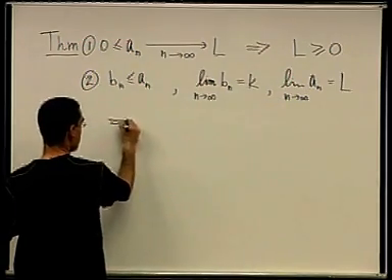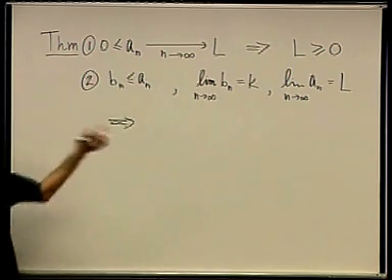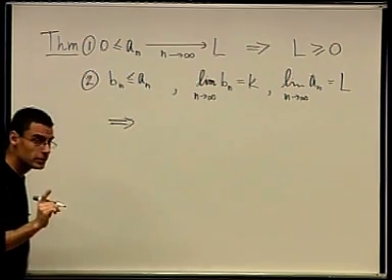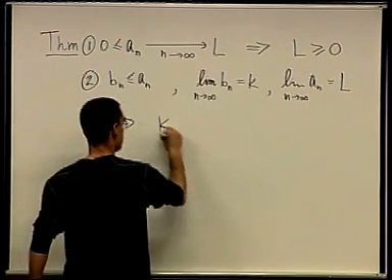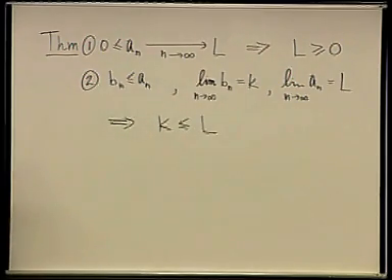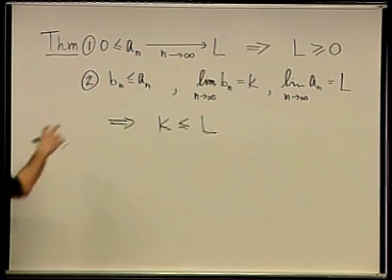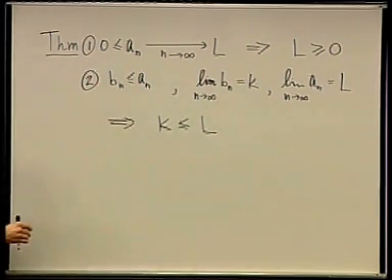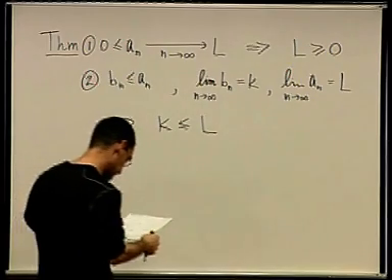Then, what can you say about the limits? Not bigger. Right. So L is greater than or equal to K. Do you see that theorem number 1 is a special case of theorem number 2? Just take the b_n's to be 0. Do you agree? Okay.